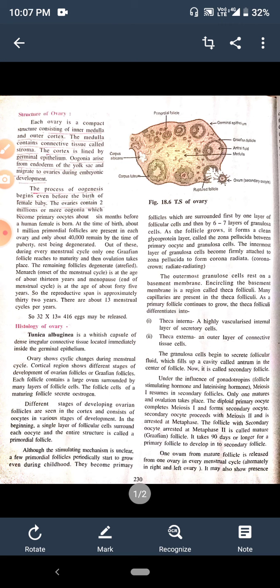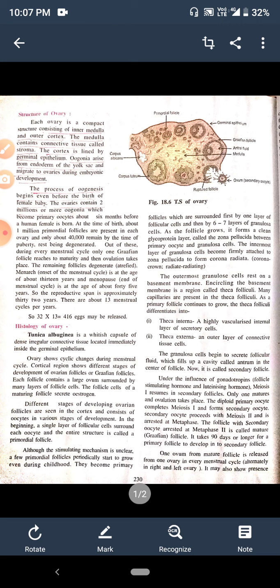Now these outermost granulosa cells, they rest on a basement membrane and they are highly supplied with blood capillaries, and then they are called as theca folliculi. And then this theca folliculi, as the oocyte is going to grow, at that time they are going to differentiate into theca interna and theca externa.